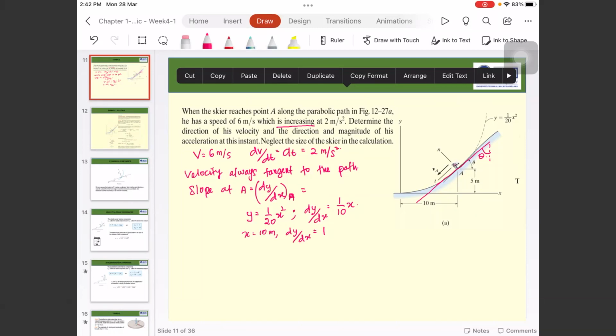Okay, 1. So kalau kita lukiskan segitiga, this is dy and this is dx. So what is the angle here? Let's say here is 1, here is 1. So theta adalah inverse tan of 1, which is 45 degree.